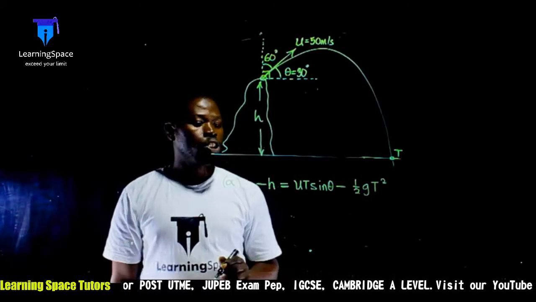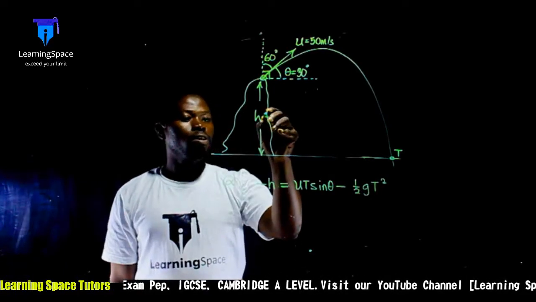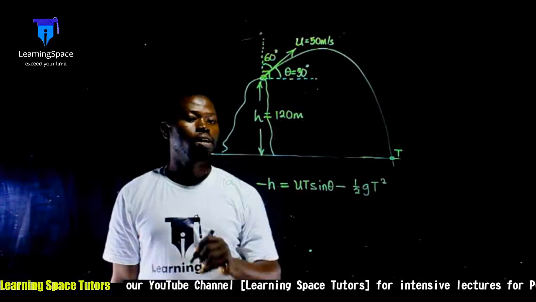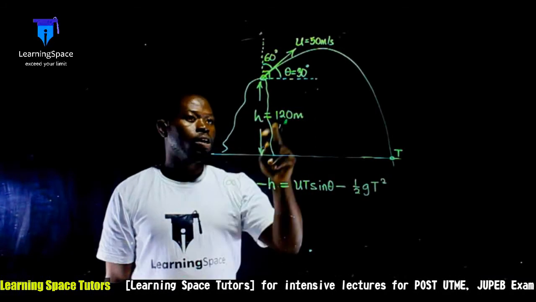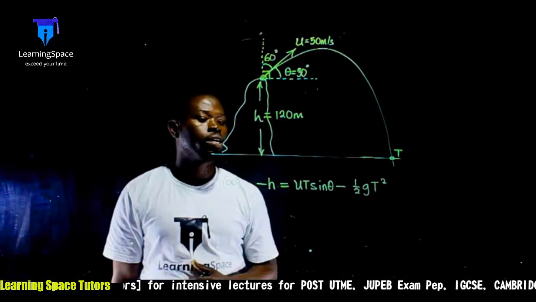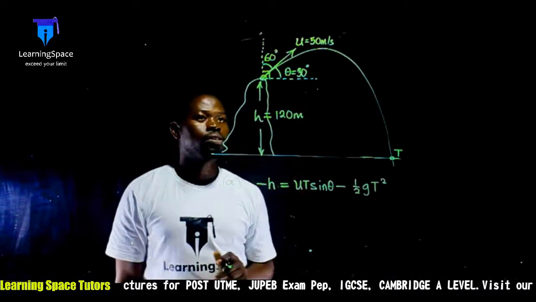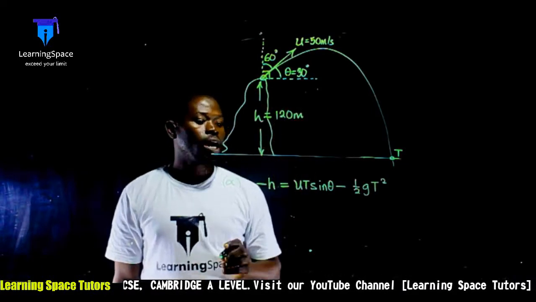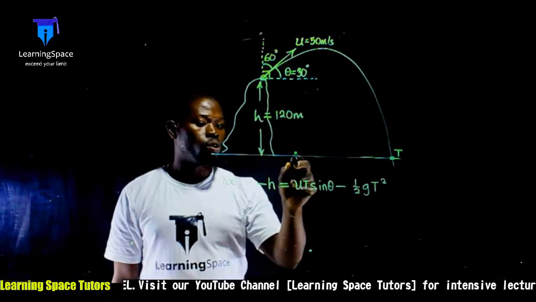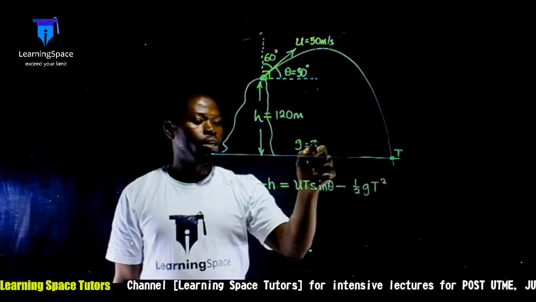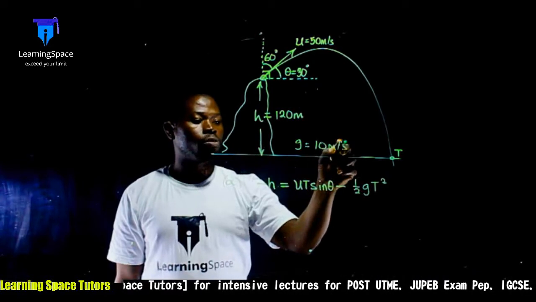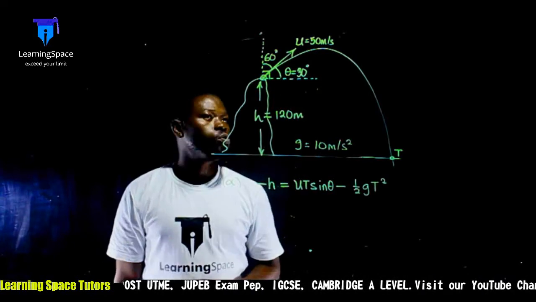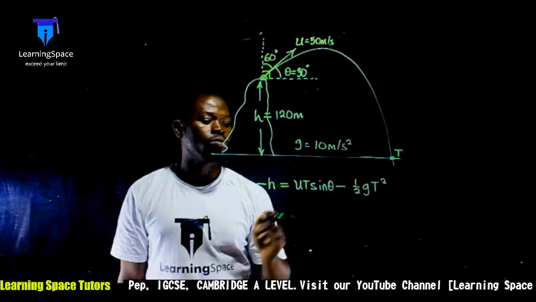Now you have been given the height of the cliff to be 120 meter, and theta to be 30 degrees. Though the question gives you the angle to the vertical, you will find the angle to the horizontal by yourself. And you have been given g in the question to be 10 meter per second squared. So you have been given the initial velocity u, which is 50 meters per second. What is left for you to calculate now is the time.